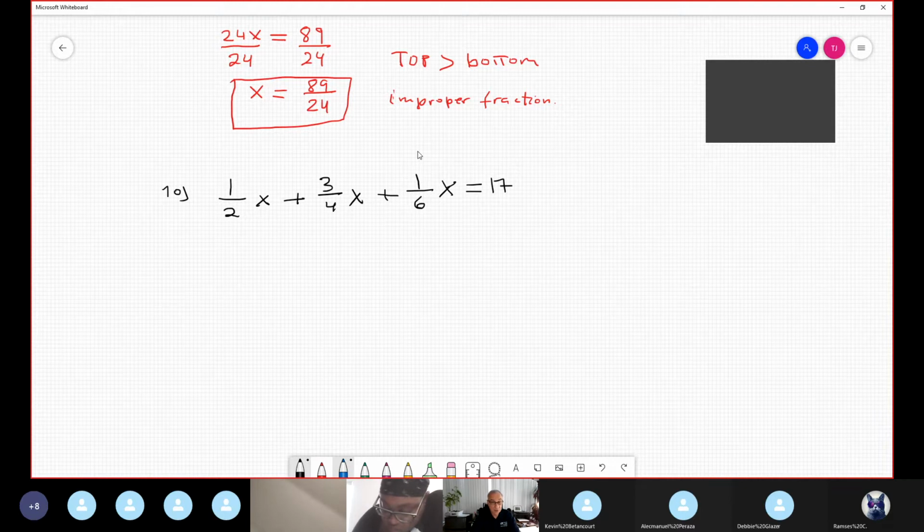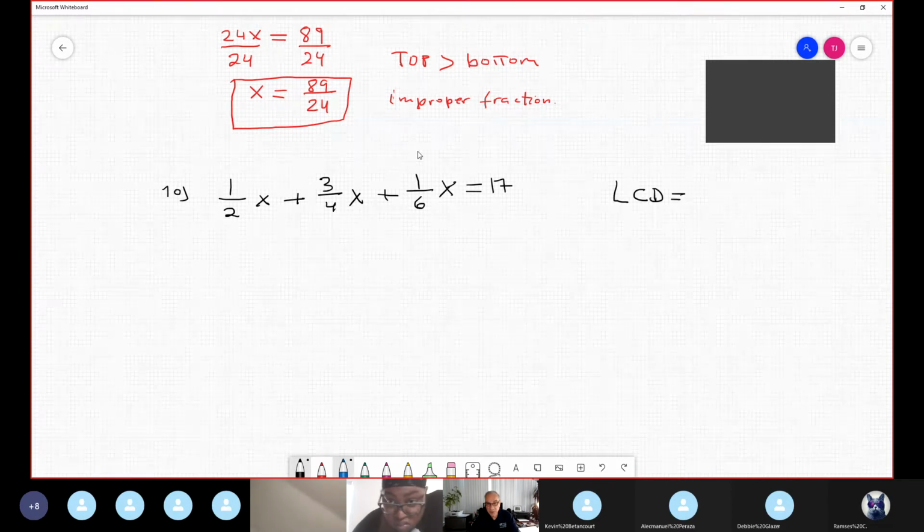There are many ways of solving it. However, I highly recommend multiplying the entire equation by the least common denominator. I promise, guys, at one moment in the course I will explain least common denominator in detail.